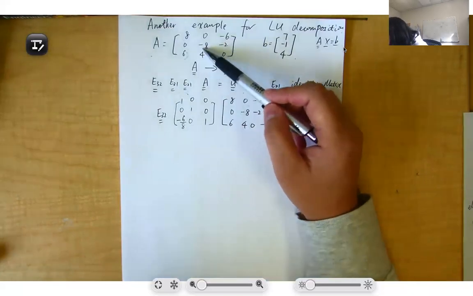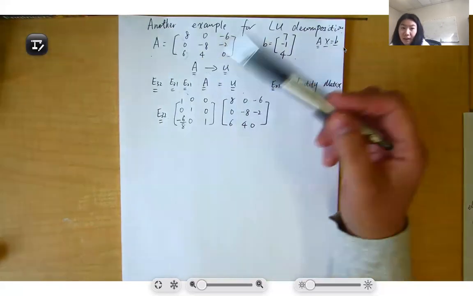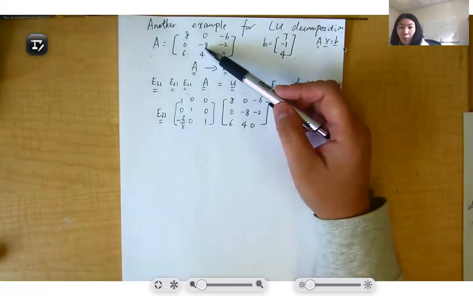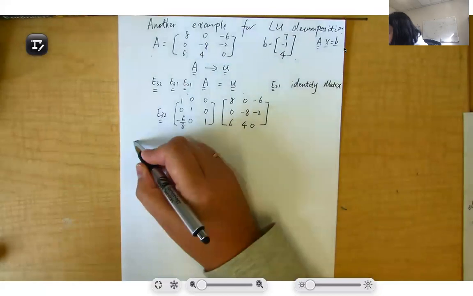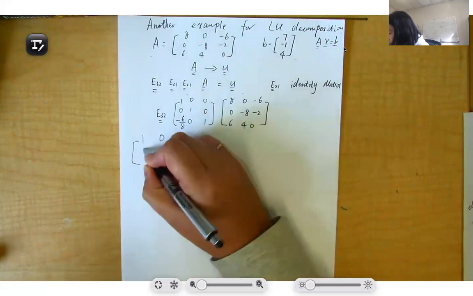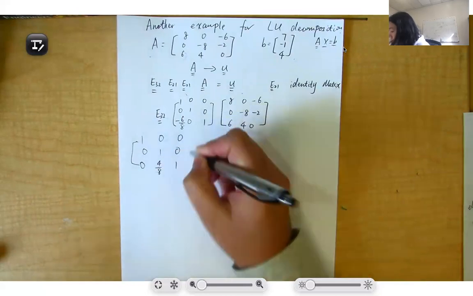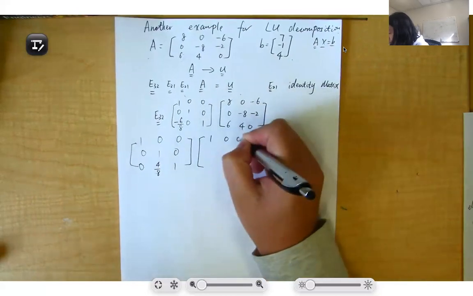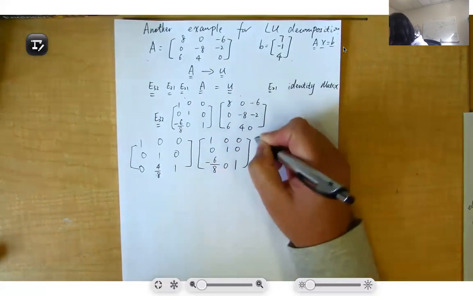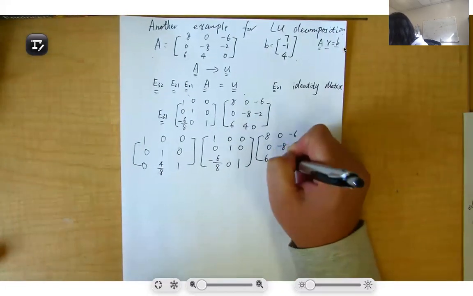And in order to eliminate this 4, you need the opposite sign of that 4/-8, which will be +4/8. So what is your E32? It will be 1, 0, 0, 0, 1, 0, 0, 4/8, 1, times the new matrix.